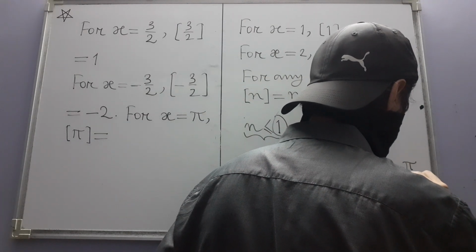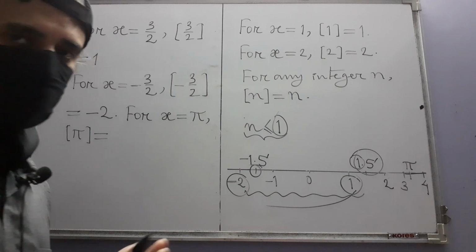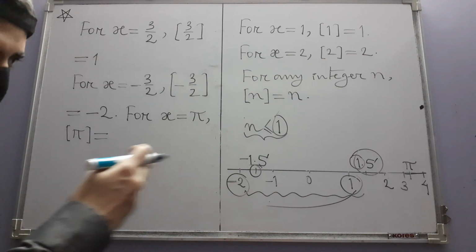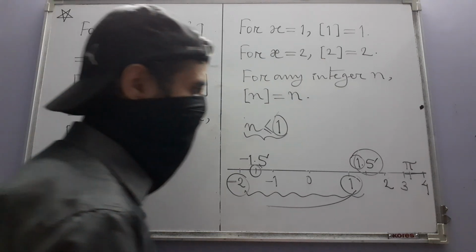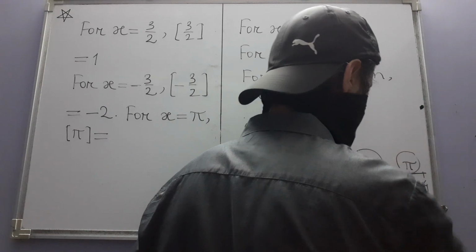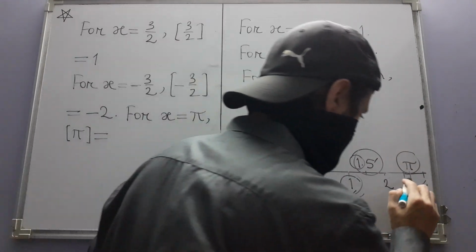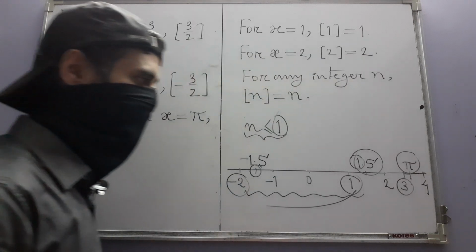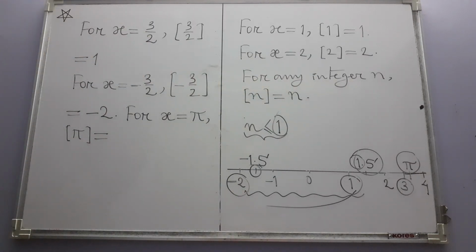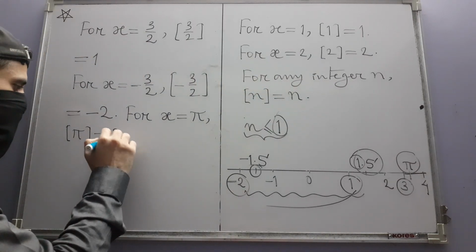So pi lies between 3 and 4, not the midpoint, but it is in that region. So if we start at pi and start walking towards the left, the greatest integer less than or equal to pi is 3. So this is 3.